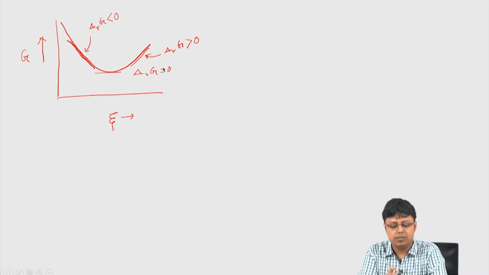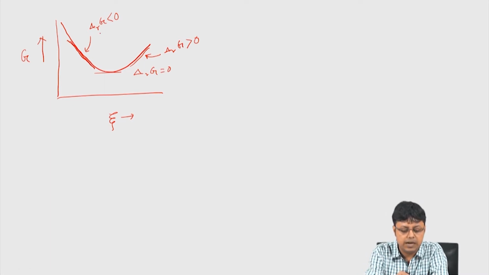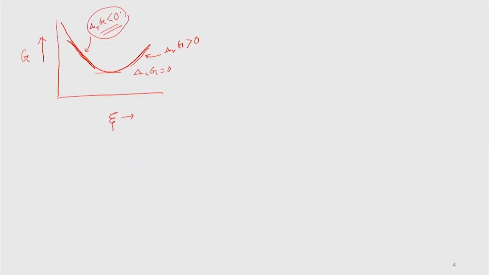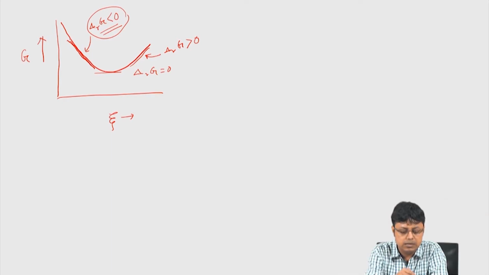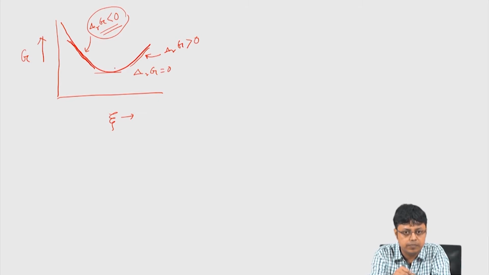Now, this means that if the forward reaction is spontaneous, then product minus reactant will be negative, so the reaction Gibbs free energy will have a negative slope, which means the reaction is proceeding in the forward direction. However, if the reaction Gibbs free energy is positive, which means product minus reactant is positive, the reaction will go in the opposite direction.